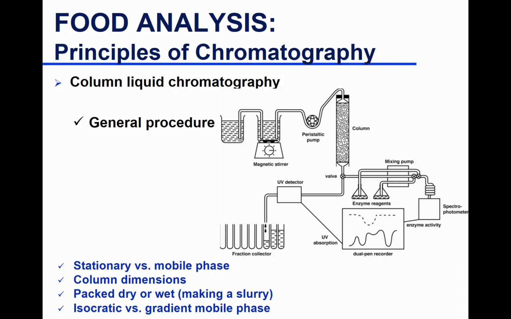All right, questions? Yes, Alex. If you have two completely different mobile phases and then you're mixing them together, then yes, it's gradient. If you're doing one and then switching to the other, it's still gradient.